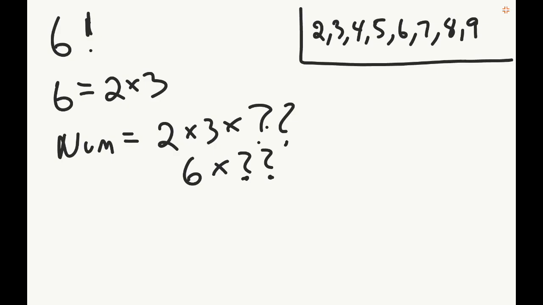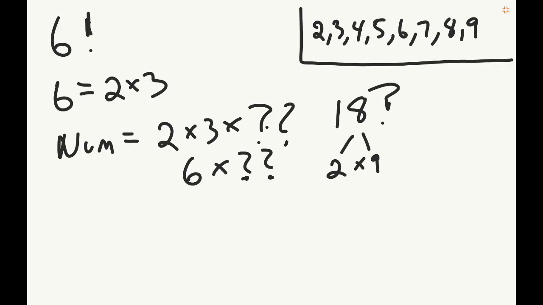So all you have to do if you want to figure out whether a number is a multiple of 6 is ask: is it a multiple of 2 and a multiple of 3? And this would work with any composite number if you think about it. If I want to know, maybe how about 18? If you want to know if something is a multiple of 18, you know 18 is 2 times 9.